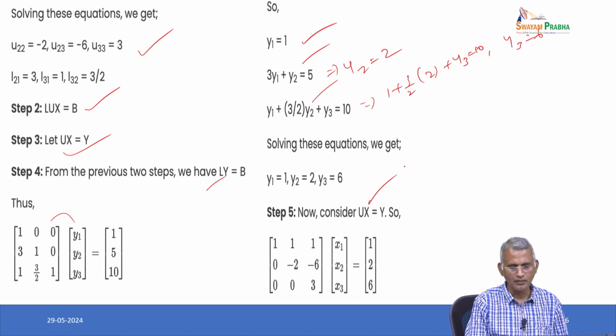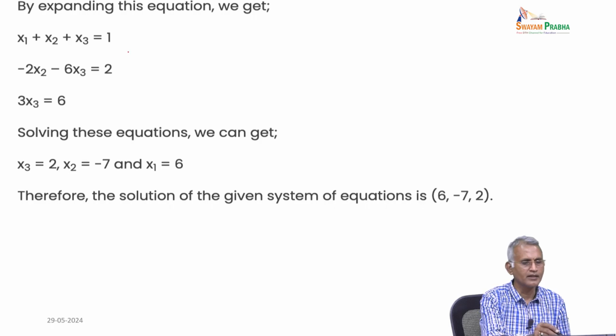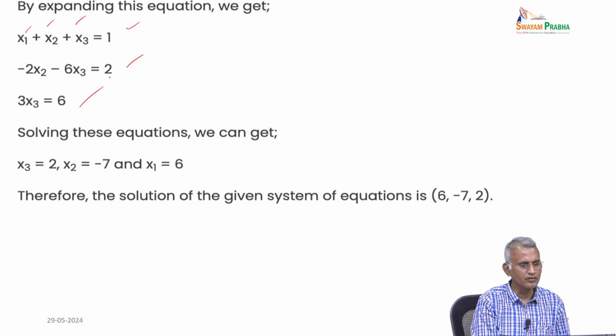So, the matrix U is 1 1 1, 0 minus 2 minus 6, 0 0 3 and x1 x2 x3 equal to 1 2 6. So, expanding this equation, x1 plus x2 plus x3 equal to 1, minus 2x2 minus 6x3 equal to 2, 3x3 equal to 6.